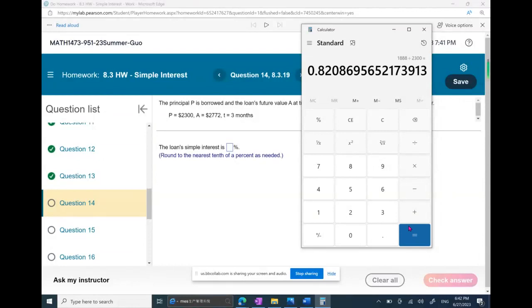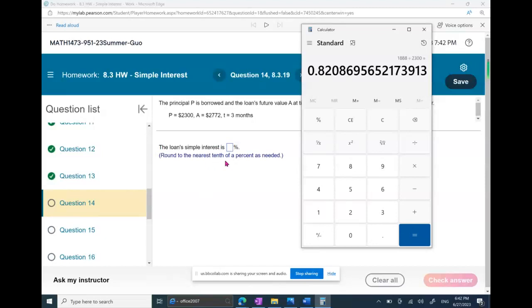Wow, that is unbelievably high. Yeah, because in only 3 months you owe 472. Of course, over the year you're going to owe more than 1,000.